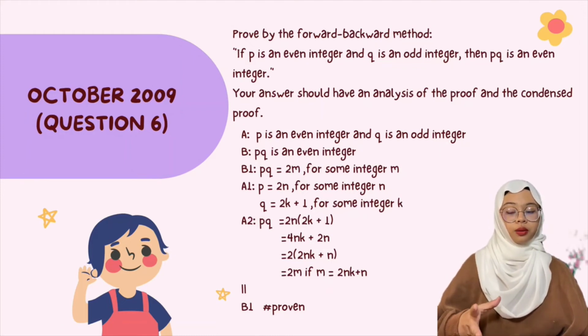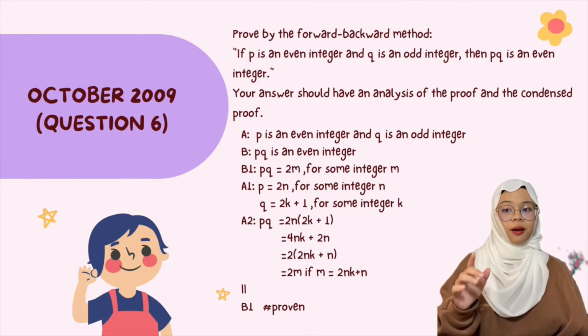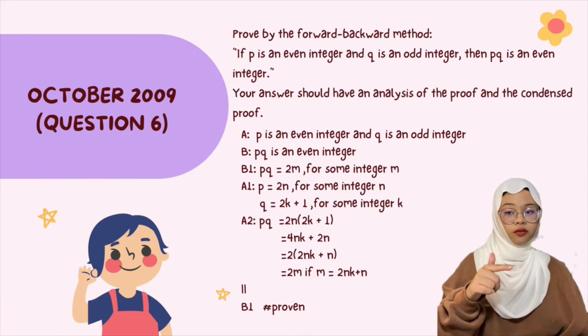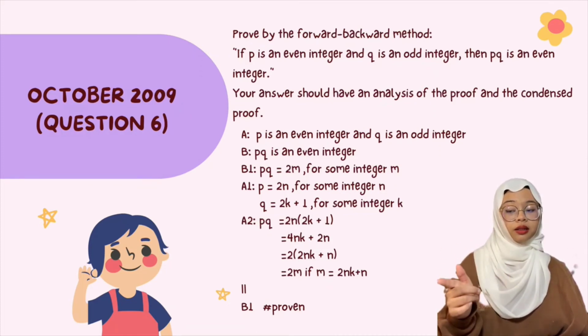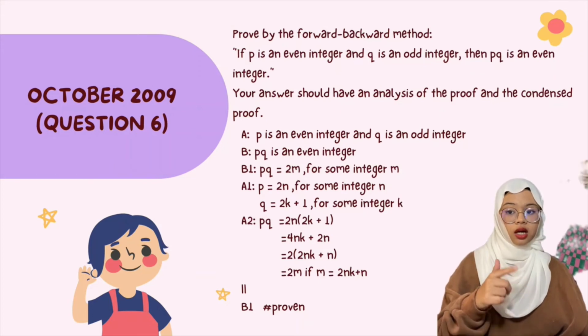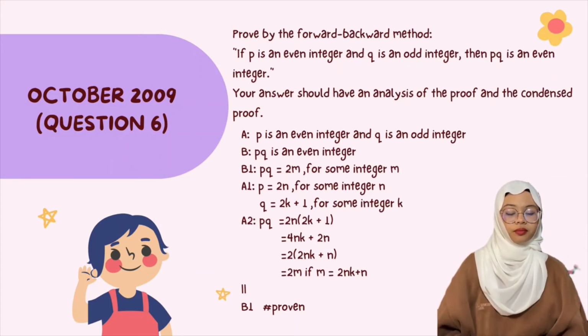Do you know why we have to put 2N, 2M, 2K plus 1? Because by the definition of an even number, we have to write P equals 2N, and by the definition of an odd integer, we have to write Q equals 2K plus 1.